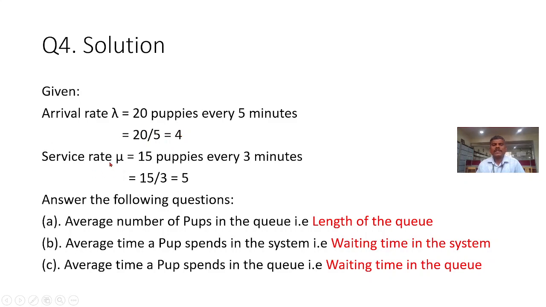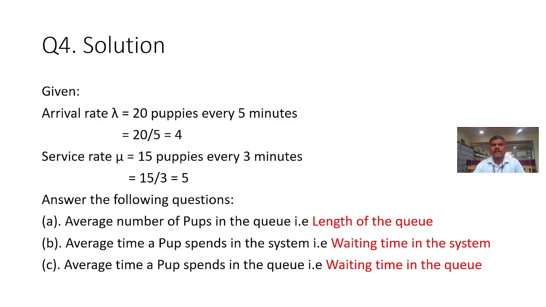Service rate mu is given as 15 puppies every 3 minutes. We can write it as 15 by 3, which is 5. Now we have to answer the following questions. A is the average number of pups in the queue, which is the length of the queue. B, average time a pup spends in the system, which is waiting time in the system. Then C is average time a pup spends in the queue, which is waiting time in the queue.